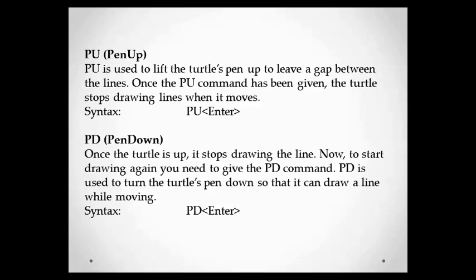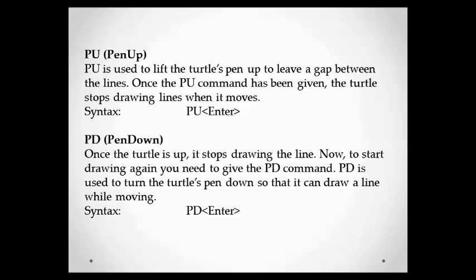You need to lift the turtle's pen up. That can be done by giving the command pen up. When you give pen up, you will see there is no change in the turtle. But after that, if you move the turtle by giving the FD or BK command, you will see that the turtle will move, but it will not leave any line behind it.